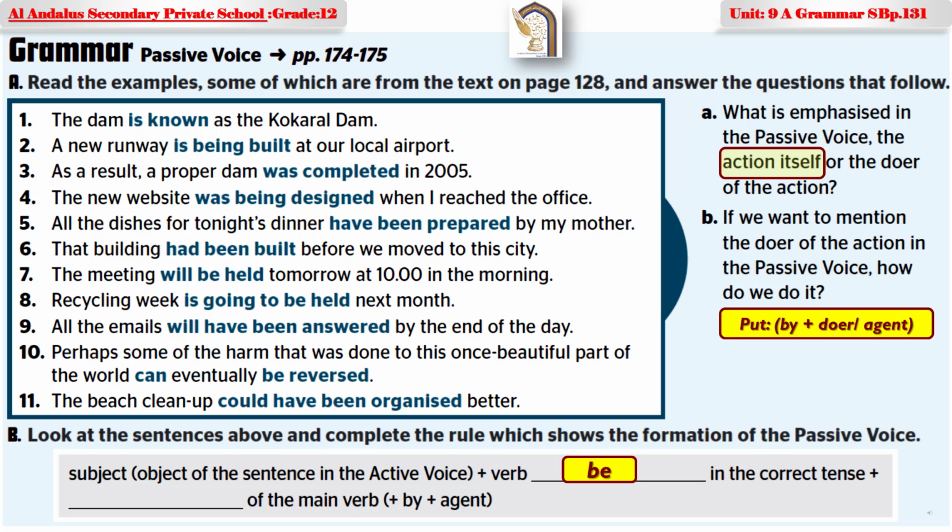Please remember that we are asked to put the verb be in the correct tense form. Then we add the past participle of the main verb plus by plus the agent. The agent is the doer of the action in the main active sentence. Thank you very much. Now let's go on to do the following task.